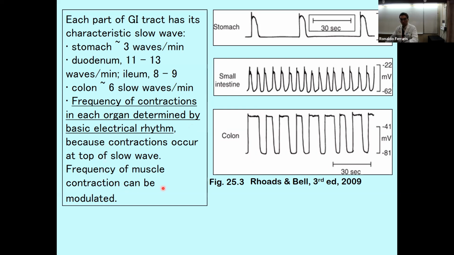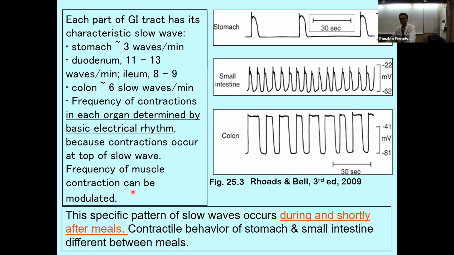And the frequency of the smooth muscle contraction can be modulated. This specific pattern of slow waves occurs during and shortly after meals, as the behavior of this smooth muscle contractility when you are sleeping, for example, is different.